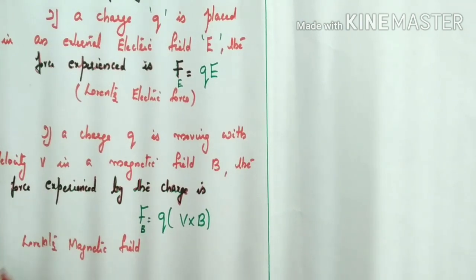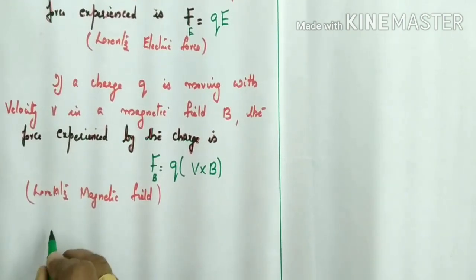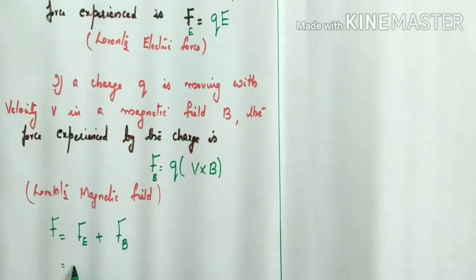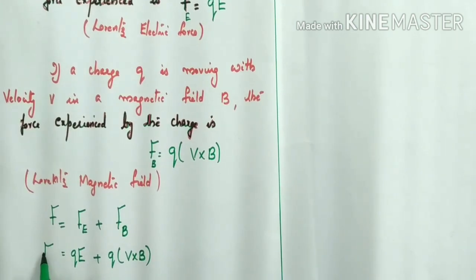Similarly, if a charge is moving with a velocity in an external magnetic field and electric field, if both electric field and magnetic field are applied, the total force experienced is equal to total electric force plus total magnetic force. The total electric force is QE, and the total magnetic force is Q into V cross B. And the total force is called Lorentz force.